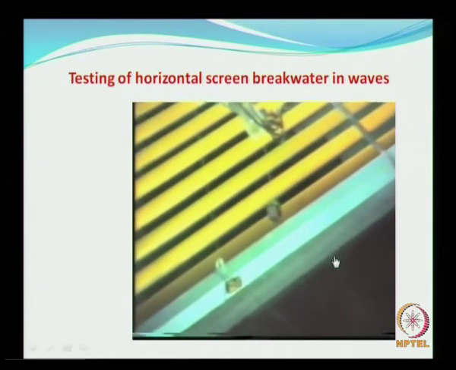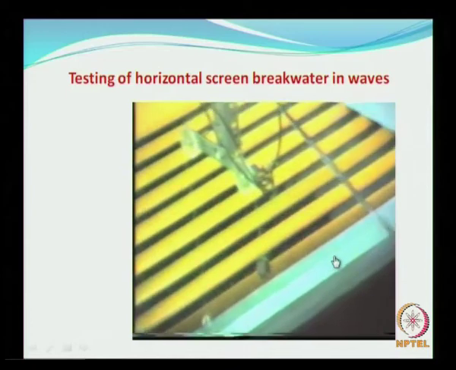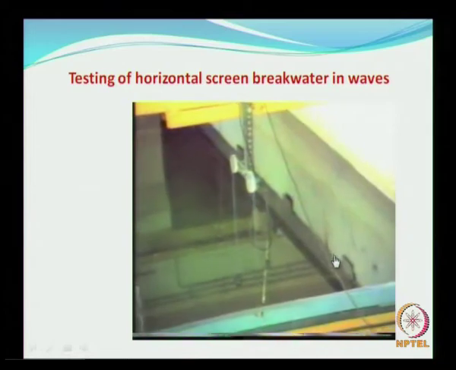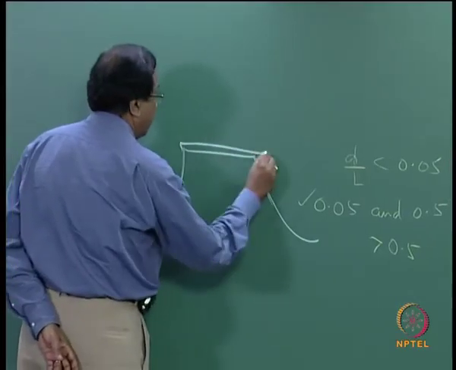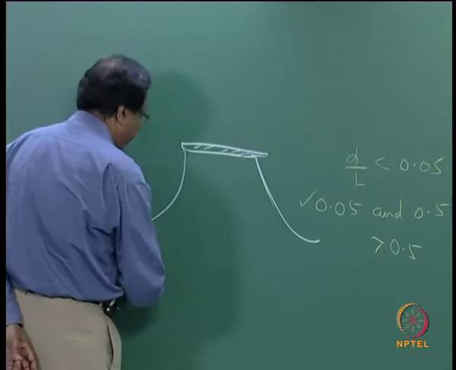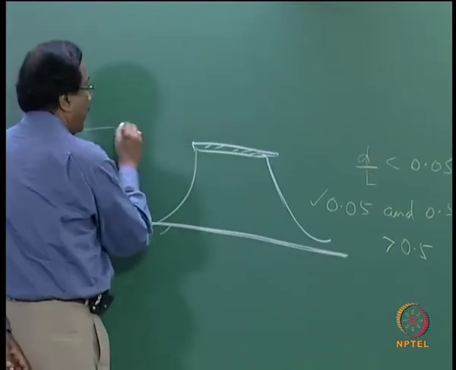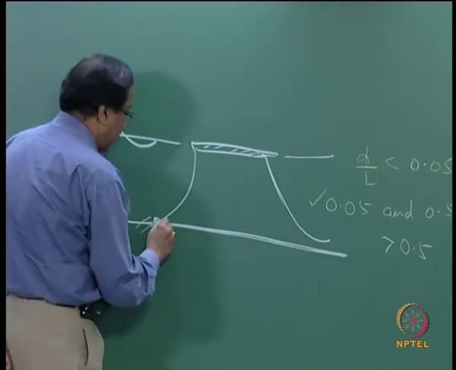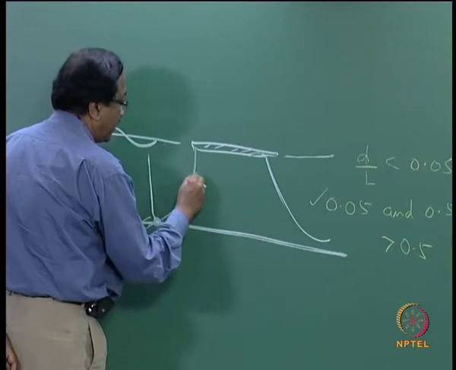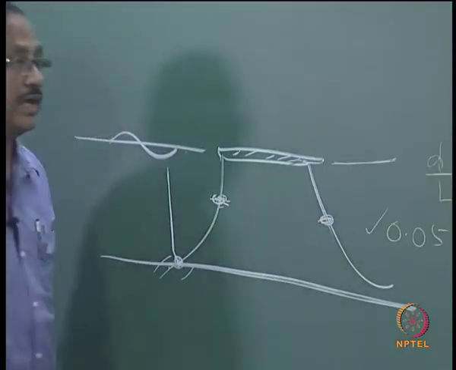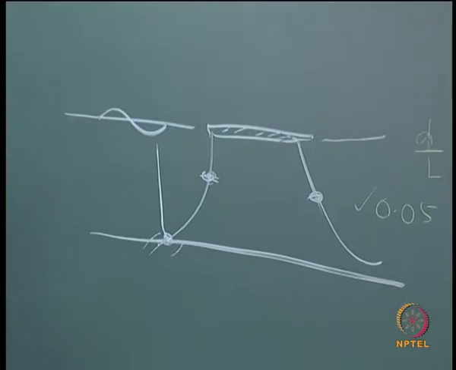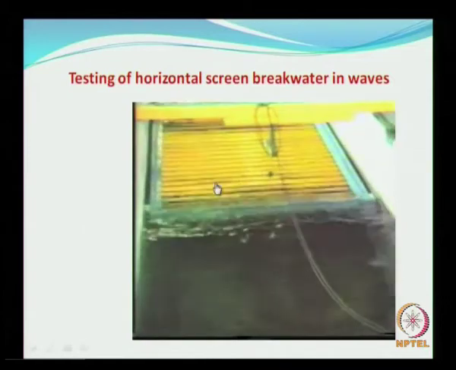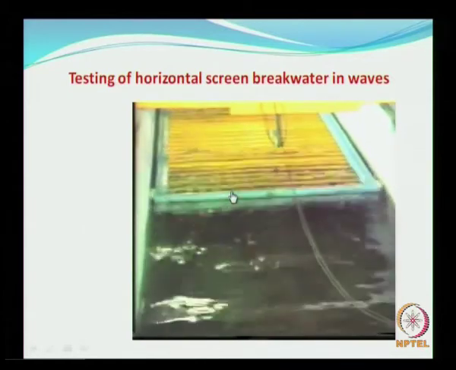So this is another test that is being carried out, wherein the test involves the attenuation characteristics of a floating breakwater, wherein the waves are moving in this direction, it is anchored, but what we are trying to measure is the mooring forces on the mooring lines, and also look at the floating breakwater which is formed by pipes.